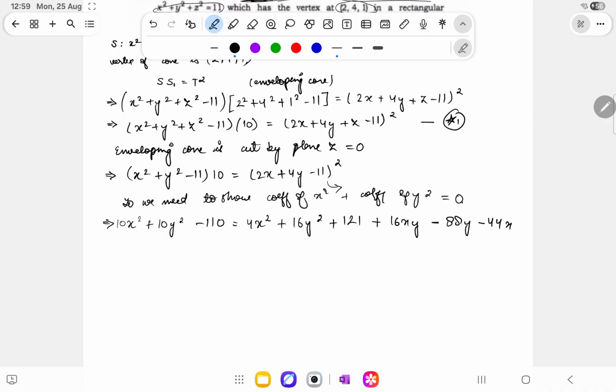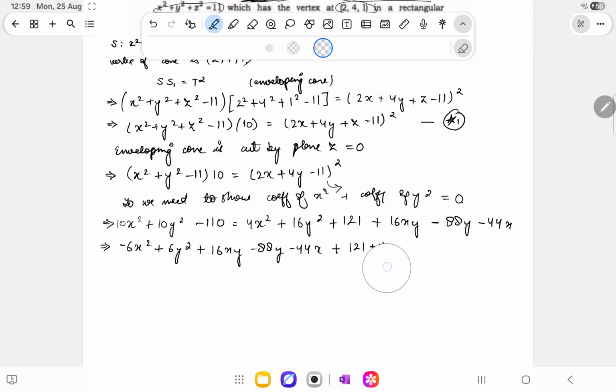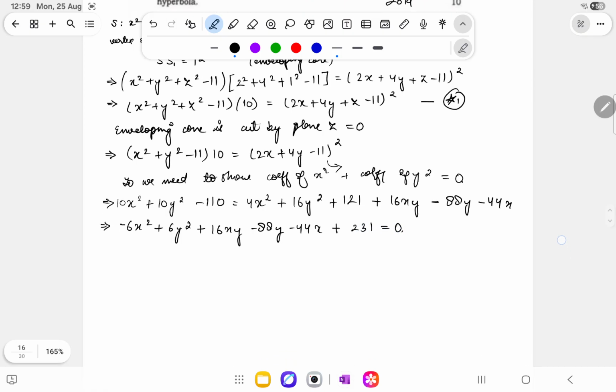Taking the left hand side to the right hand side, we get minus 6x square plus 6y square plus 16xy minus 88y minus 44x plus 121 plus 110, which is 231, equals 0.